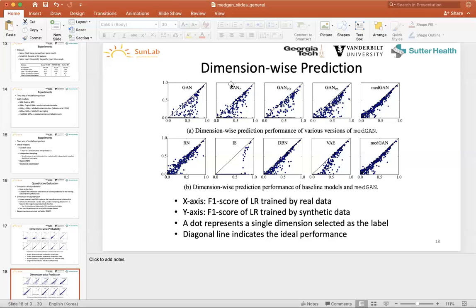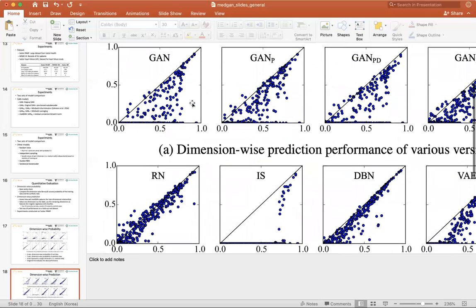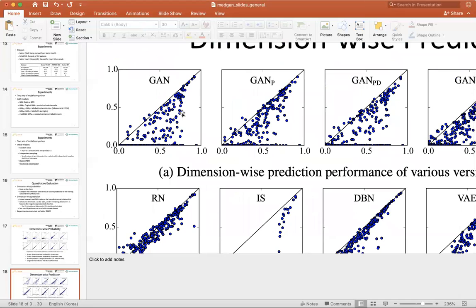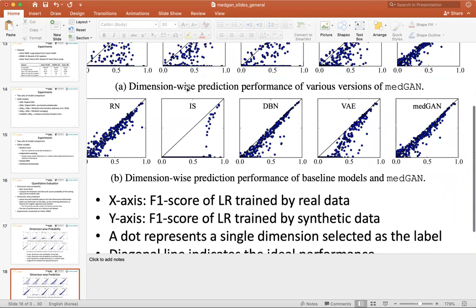Again, the dots here are individually recorded. Let's say, how to best put it. If we have 100 features, 100 columns in the tabular data, then there should be 100 dots, because you train logistic regression for a specific column, specific feature, and the performance, the AUC, I think, is it the AUC?